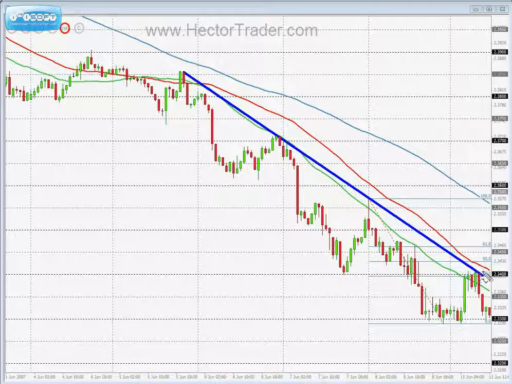All of that coming together around the dynamic area of resistance and in a clear downtrend. What does it mean? It means it's a very high probability trade as it turns around, as this area confirms that it is holding, that it doesn't breach through. As it turns around, anywhere around there, it would have been a nice short entry.